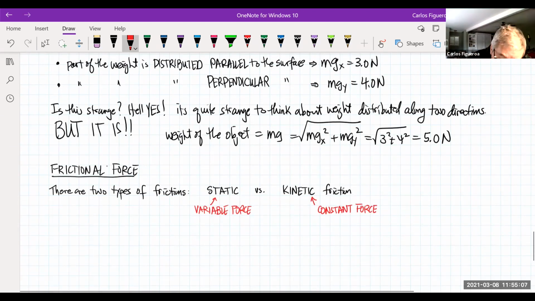And so how do we typically write the static friction? We typically define it as F of S. And when we look at the kinetic friction, we typically symbolize it with a little k symbol. So we differentiate between these two frictions in this way here.